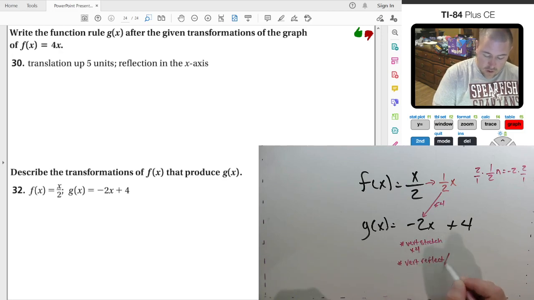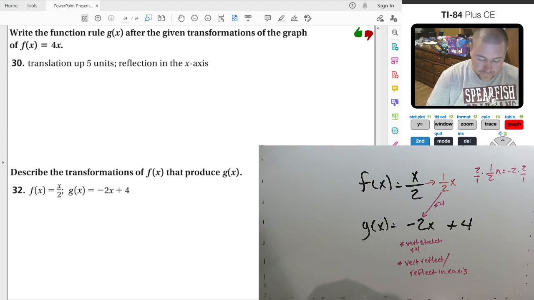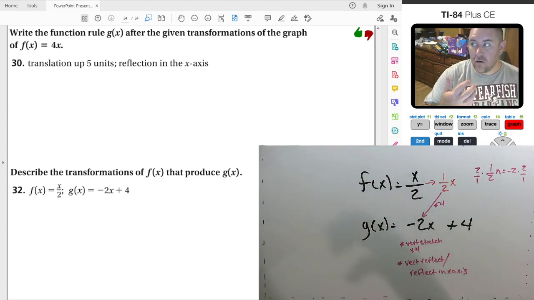Or you can say reflection in the x-axis. Both of those are correct. Okay. The book likes reflection in the x-axis. I like saying vertical reflection because this has to happen at the x-axis, so you have to do it first. But if I say vertical reflection, I can reflect about an origination point or a vertex.